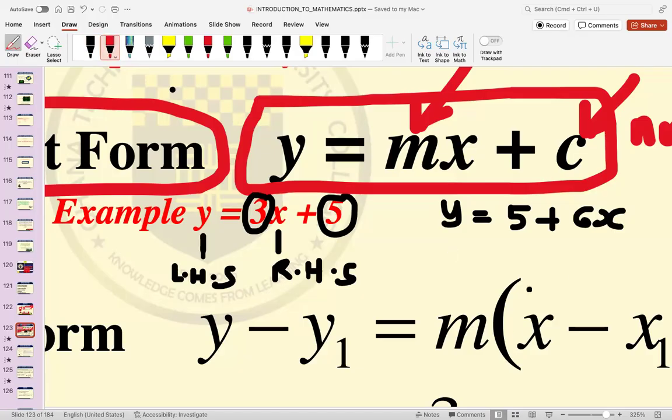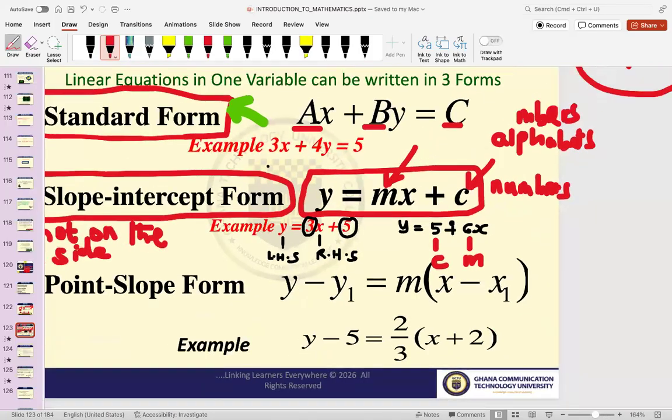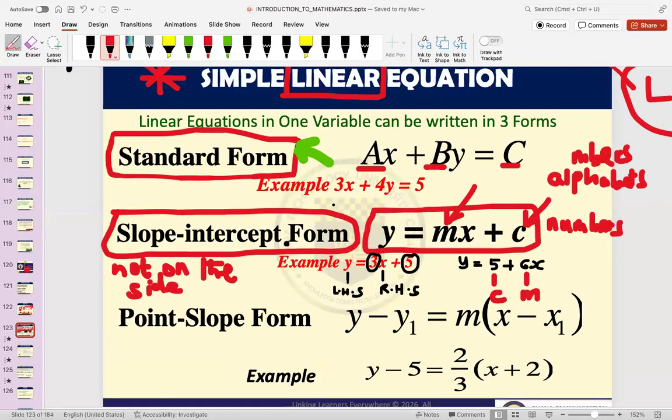It's the same thing. They have just changed the position of c and m. So the 5 is your c. The 6 is your m. y is on a different side. x is on a different side. So that makes it the slope intercept form.